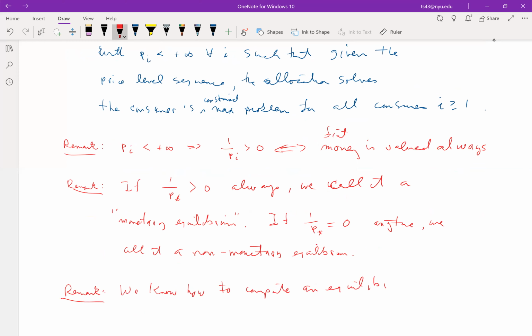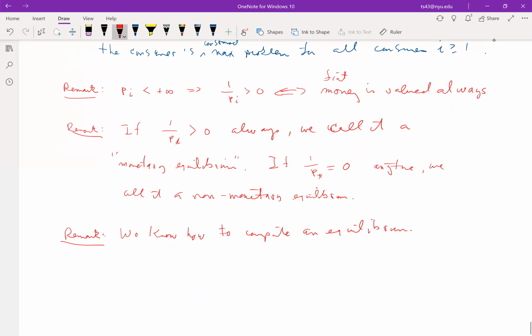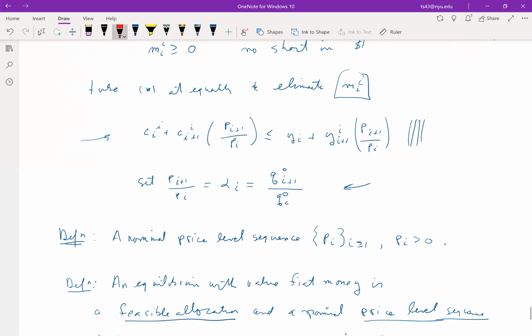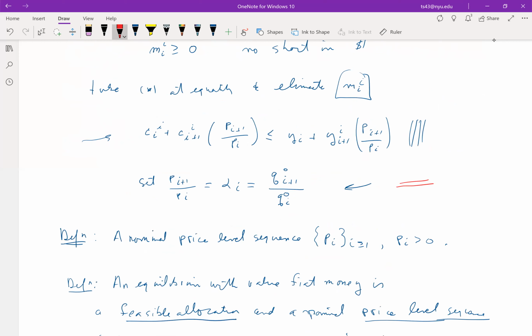Another remark is there is a continuum of equilibria. How do I know that? The way I know it is this isomorphism right up here.